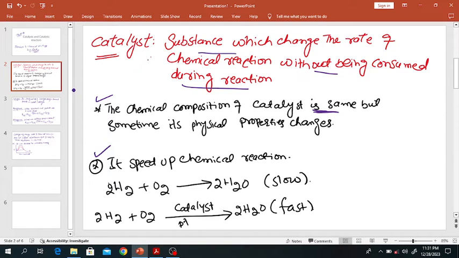A catalyst can speed up a chemical reaction. For example, if someone is producing water from hydrogen and oxygen without a catalyst, it will take a very long time.